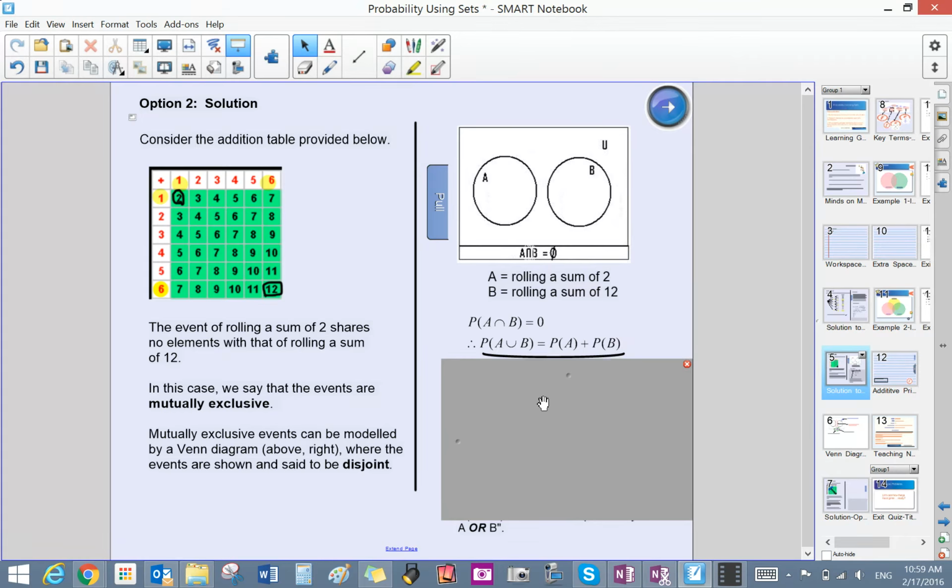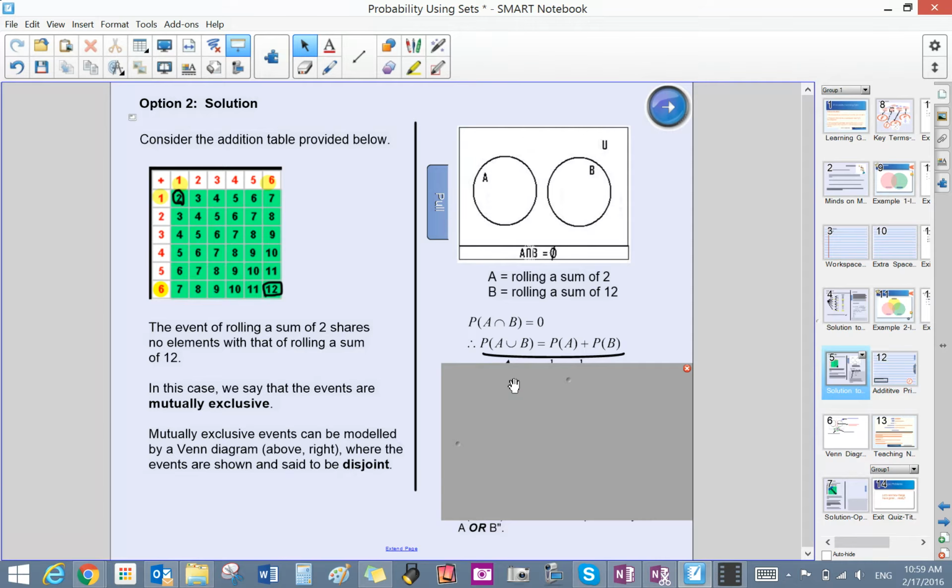Moving forward on that, the additive principle for mutually exclusive events, this is the probability of A or B. So the upside down U, or rather the U, not the upside down U, but rather this symbol here means or.